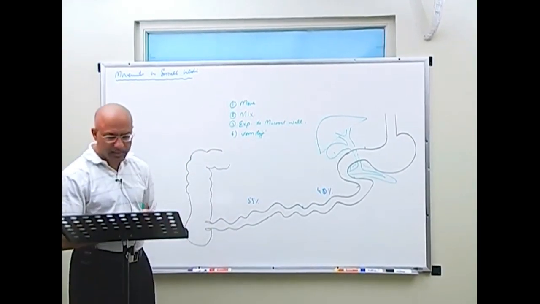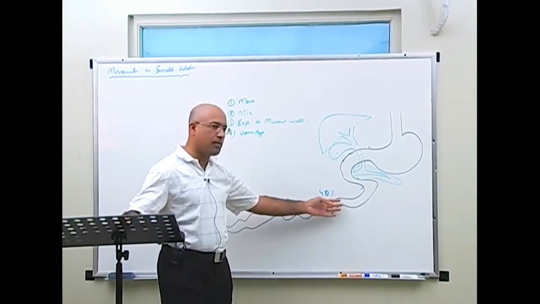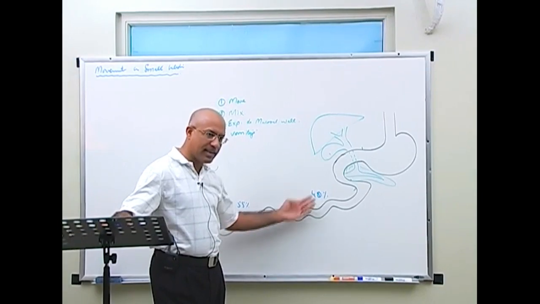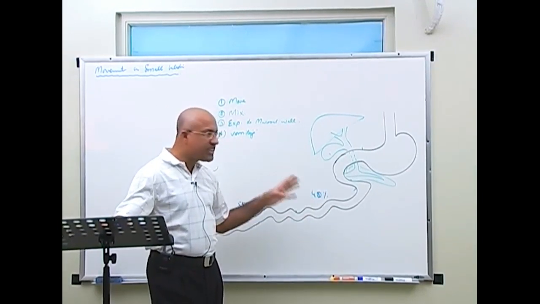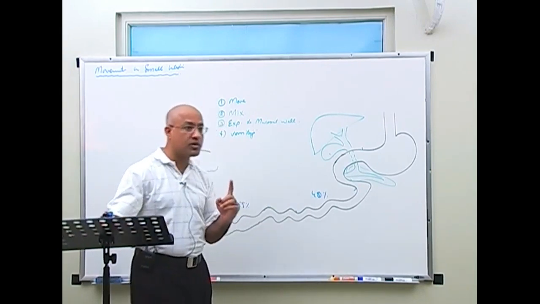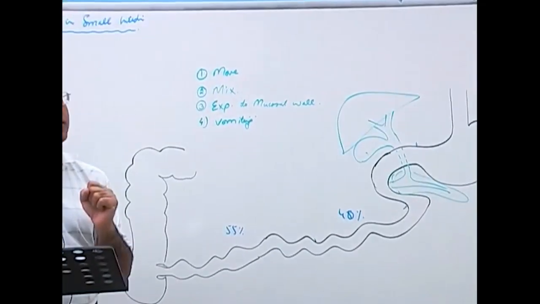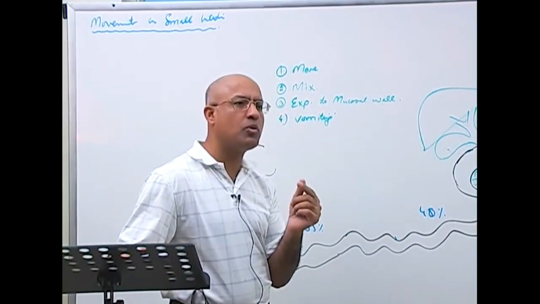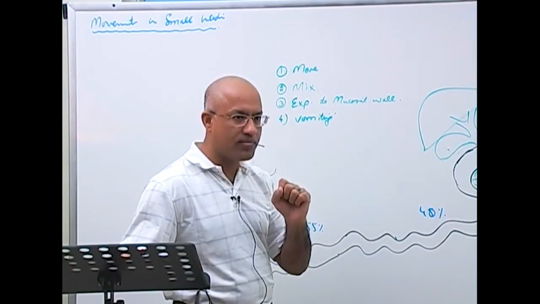Now, after knowing this, we know that the small intestine has two types of muscles. Number one, there is the muscularis mucosae in the mucosa, and there is the muscularis externa. First of all, the major movements are not produced by the muscularis mucosae. The muscle layer in the mucosa produces only very minor changes in the mucosal lining.